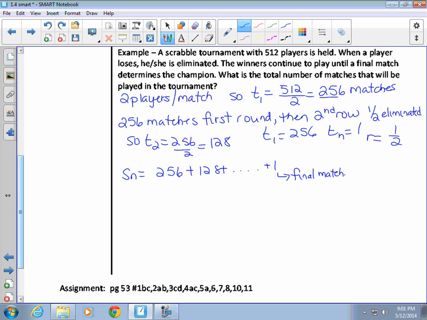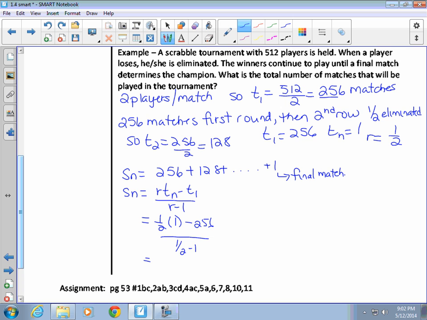So I use that second formula. My ratio is 1/2 times my last term, which was 1, minus 256, all over 1/2 minus 1.